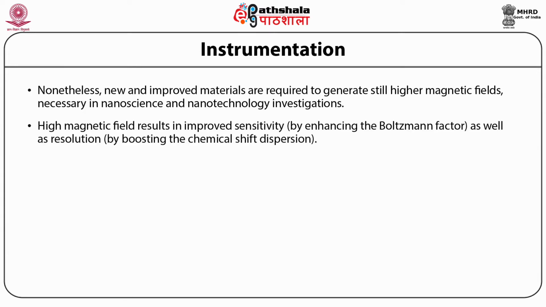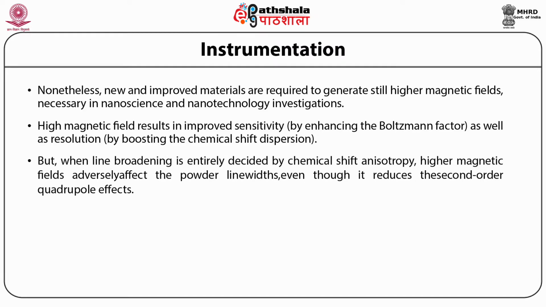High magnetic field results in improved sensitivity by enhancing the Boltzmann factor, as well as resolution by boosting the chemical shift dispersion. But when line broadening is entirely decided by the chemical shift anisotropy, higher magnetic fields adversely affect the powder line widths even though they reduce the second order quadrupole effects.